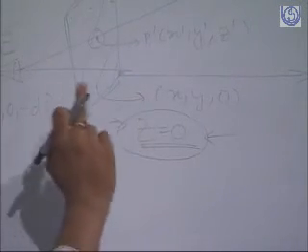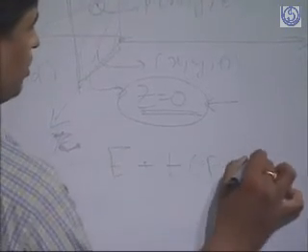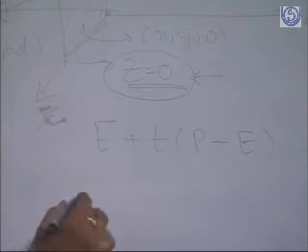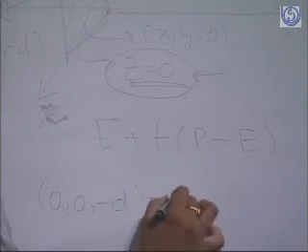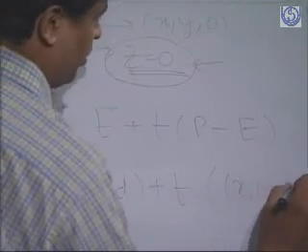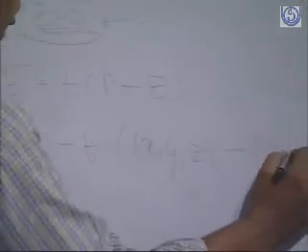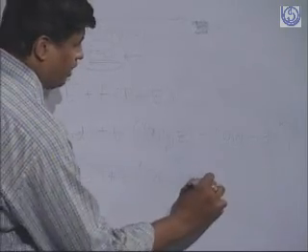Now, by using the parametric equation of the line, E + t(P - E), we can find this point of intersection. Let's see how. The point E is given as 0, 0, minus d. t is the factor to be found. P is the generalized point in space, x, y, z, so P minus E is (x, y, z) minus (0, 0, minus d). Solving, you will have (0, 0, minus d) + t(x, y, z + d).